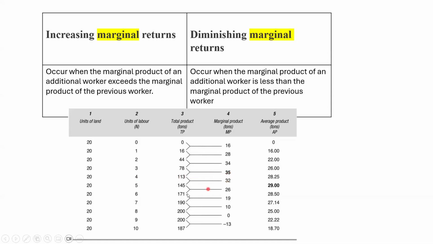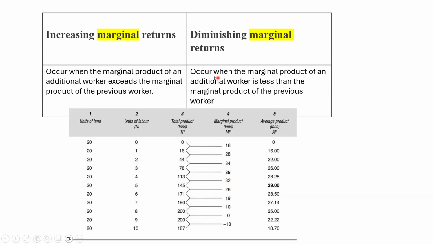Then if you continue to add another worker, from 4 to 5 workers, your marginal product starts to decrease. The extra output that you are getting from employing this worker starts to decrease. So here, now you're experiencing diminishing marginal return.